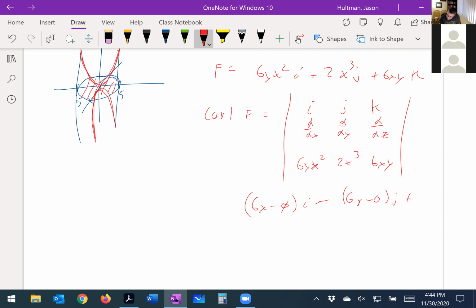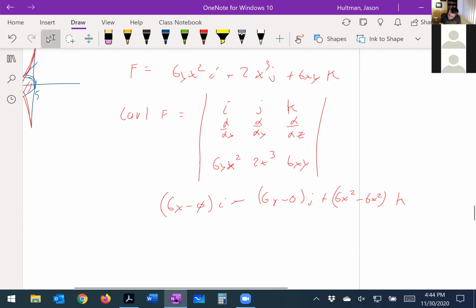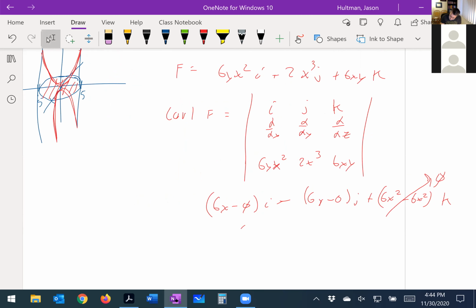Okay, d/dx of 2x cubed is 6x squared, and d/dy of 6yx squared is 6x squared. So that goes to 0. That's nice. So this is going to be 6x i minus 6y j.